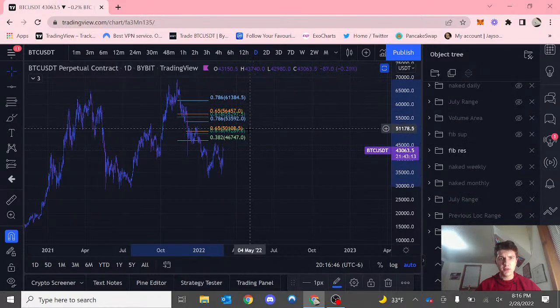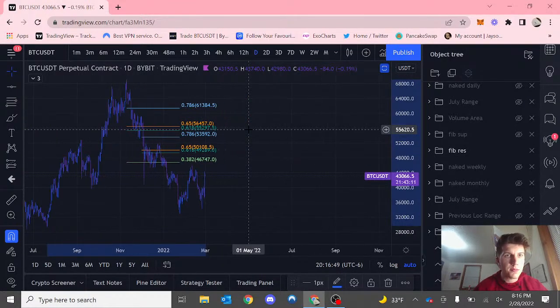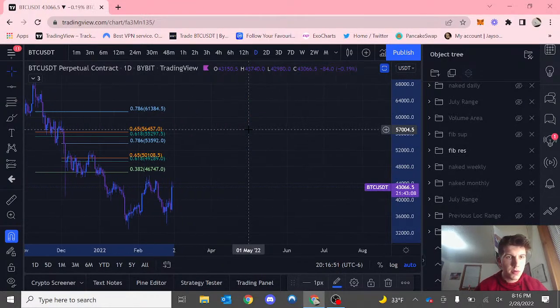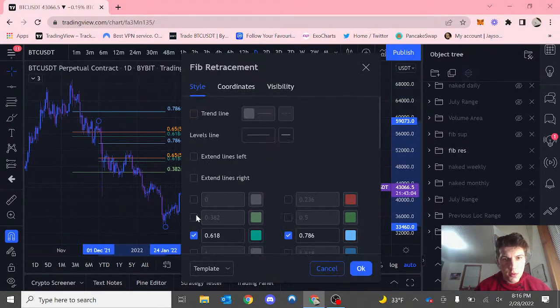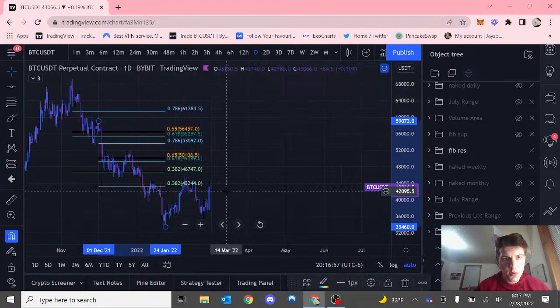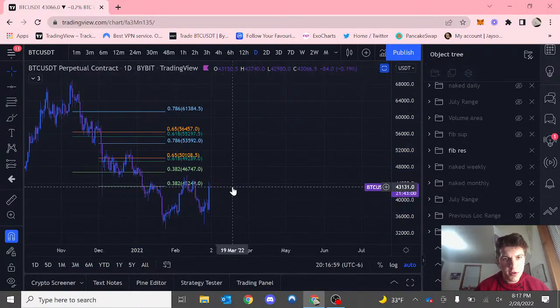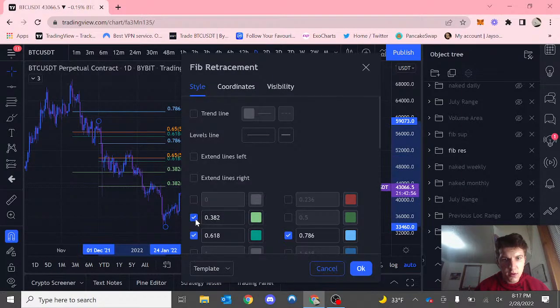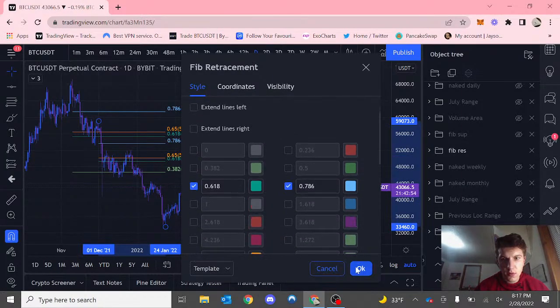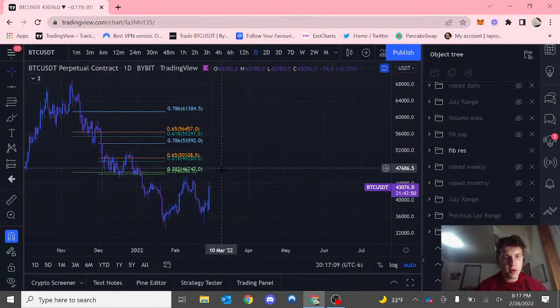You can do Fib resistance and kind of update that on the micro, or macro, I mean. Right now we're kind of rejecting off of that. I'll delete that. More confluence right there.